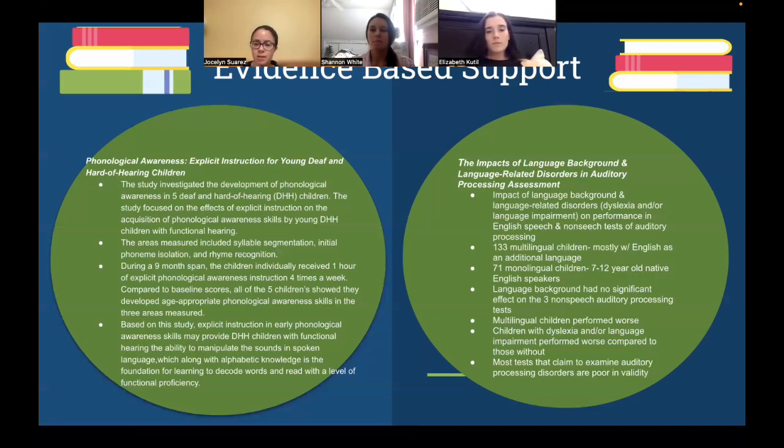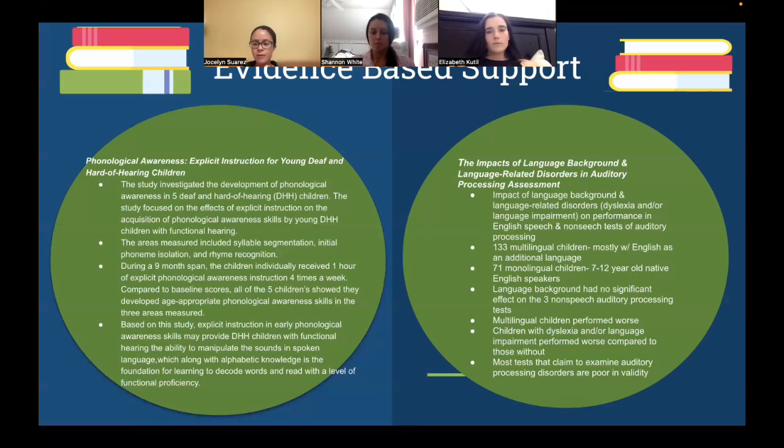Their participants were 133 multilingual children, mostly with English as their additional language, and 71 monolingual children, ages 7 to 12 years old, and they were all native English speakers.